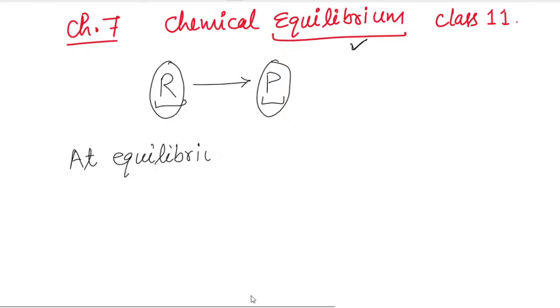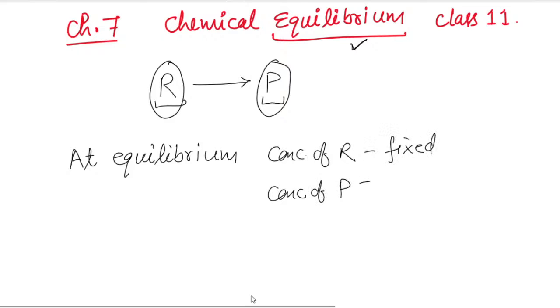When there is no apparent change in concentration. Means जो concentration of reactant as well as concentration of product, they are fixed, they will not change at that point. Means there is no apparent change in the concentration.